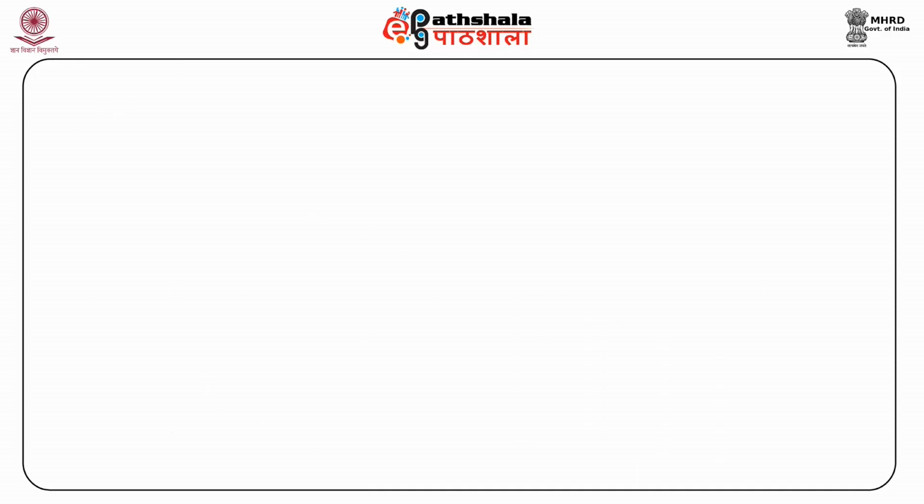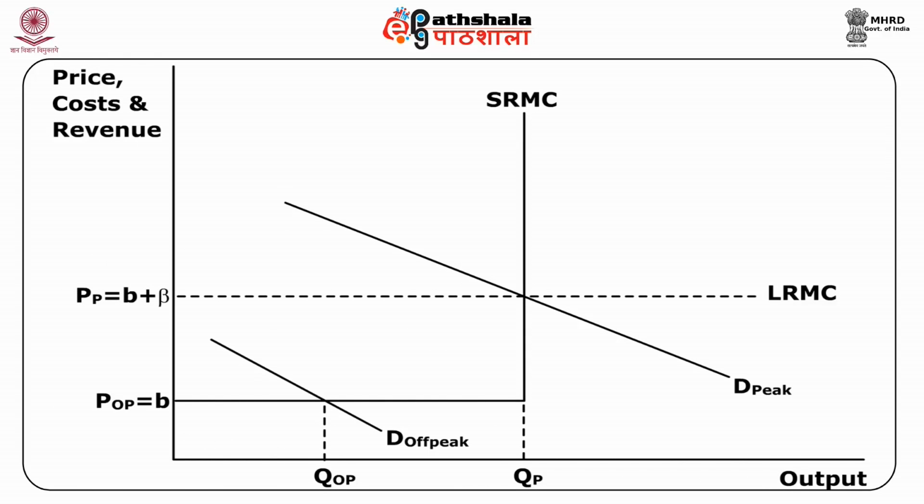Following the peak load pricing principle, the price in each period should be set where the SRMC intersects the relevant demand curve. Thus, price would be PP equal to B plus beta in the peak load period as demand presses against capacity. The off-peak period price is POP equal to B as no additional capacity is required.